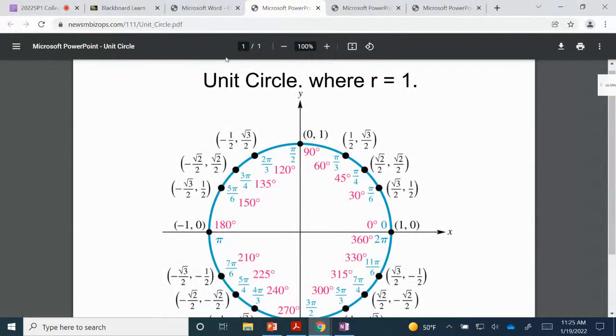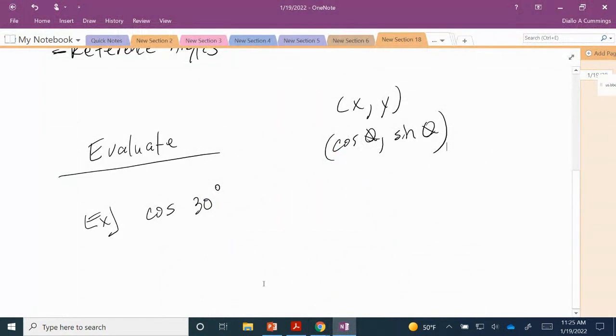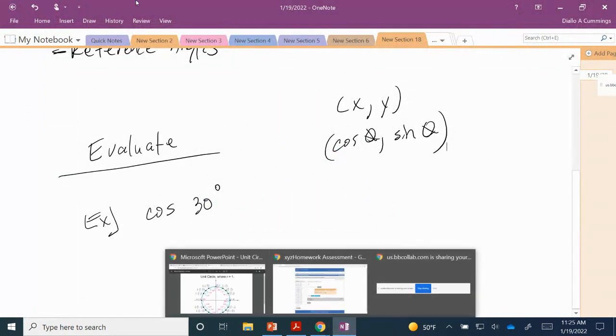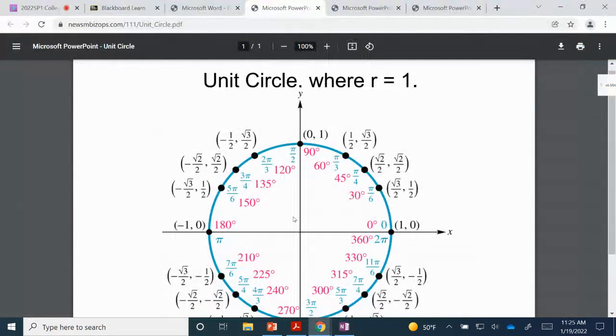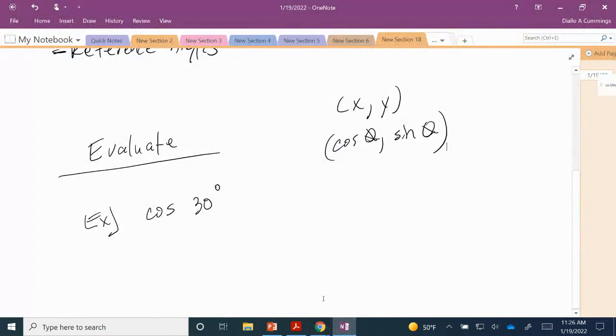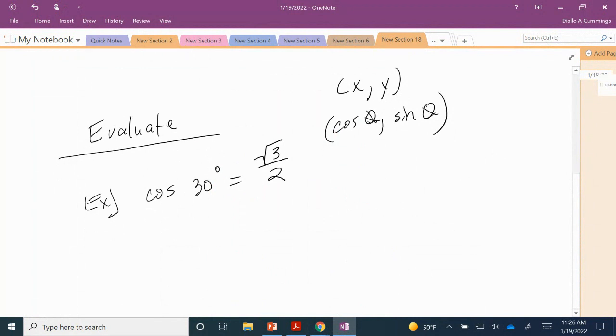If I were asked to find the cosine of 30 degrees, I would find 30 degrees, which is pi over 6. I would locate the x coordinate, which is the cosine, and I would have that value as the square root of 3 divided by 2. So that is the cosine for 30 degrees.